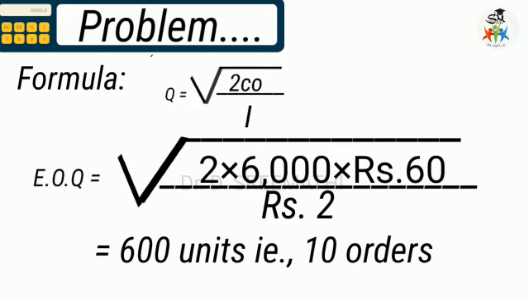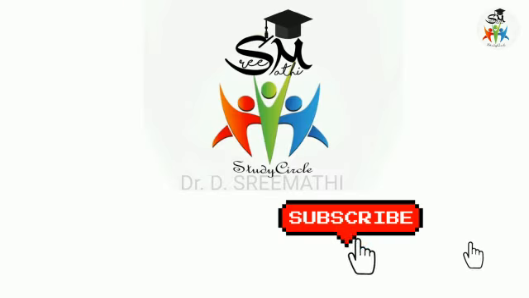If the EOQ is 600 units, it means the company can place 10 orders. How is it? The annual usage is 6,000 units. So 6,000 units divided by 600 as the EOQ, then the company can place 10 orders for an economic ordering quantity.